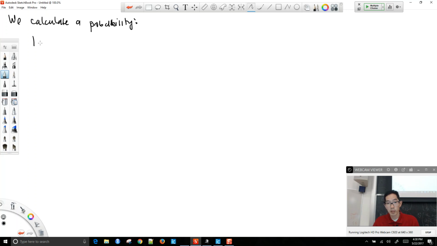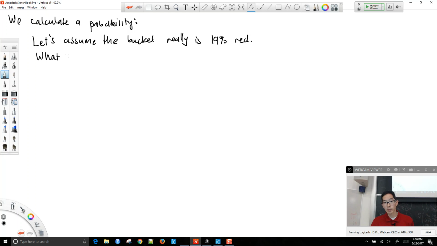So this is our assumption. We're making an assumption here that the bucket really is 19% red.